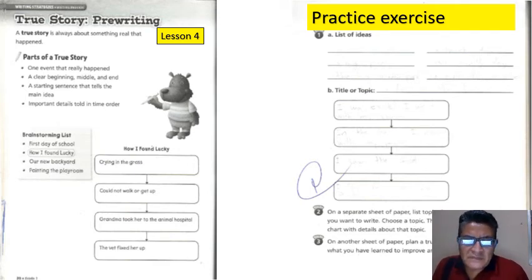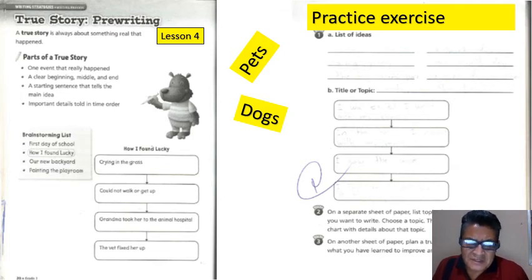Today, we're going to be talking about pets. But pets are many. You know, there are cats, there are dogs, there are lizards, there are even spiders and things. So you select something specifically from pets. How about dogs? Well, dogs are very common. We all have dogs.